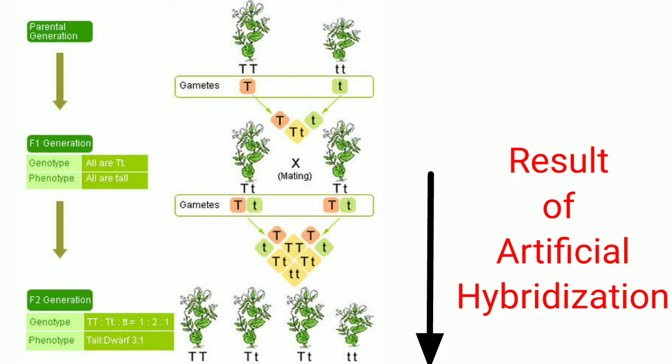Therefore, this is cross-pollination, which he had artificially done, and the result was the hybrid plant.